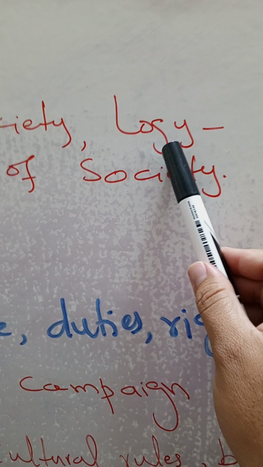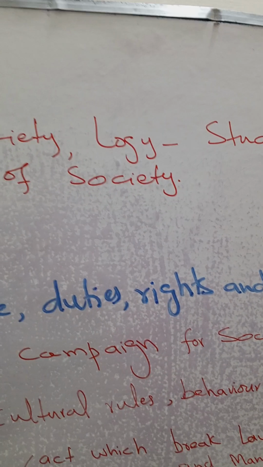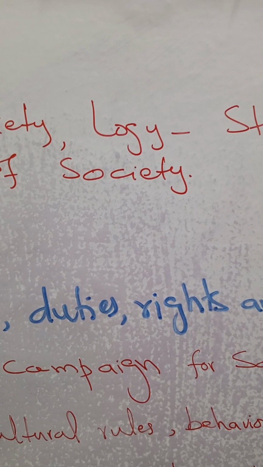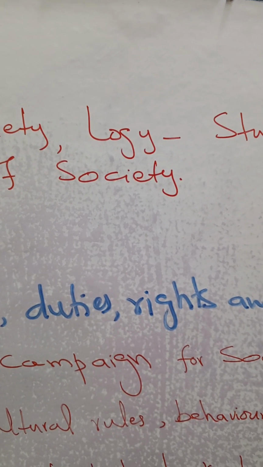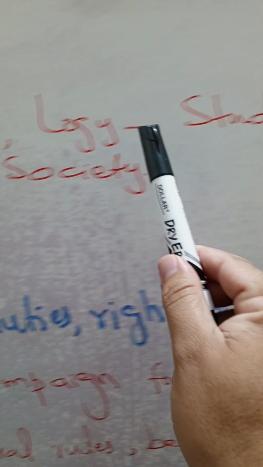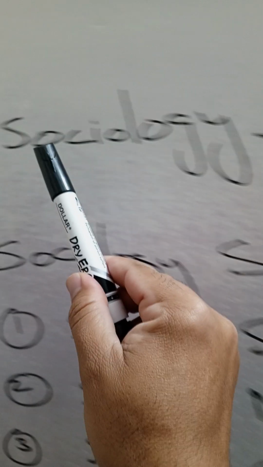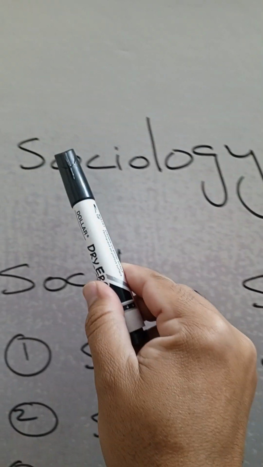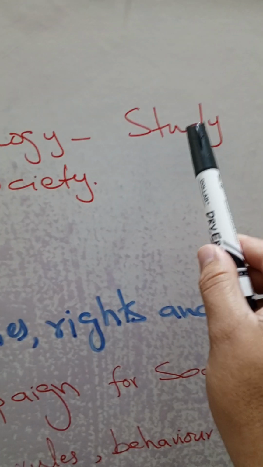And logy is basically from the Greek word logos, and the word logos means reason, to study, to understand. So logy means study, reasoning. So the word sociology is the combination of social and logy, society and study.